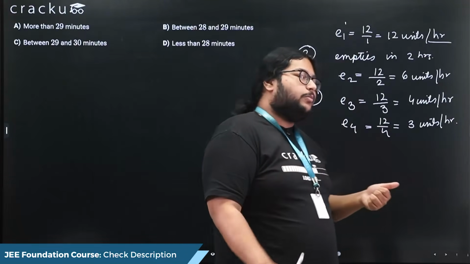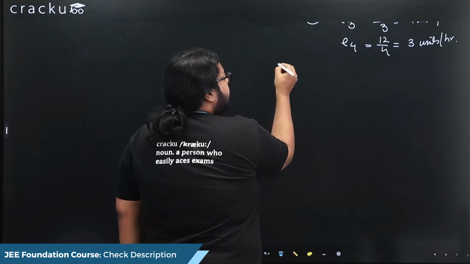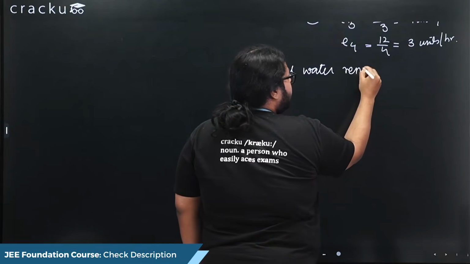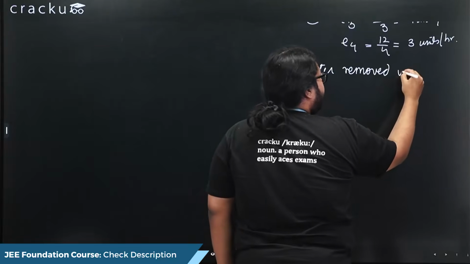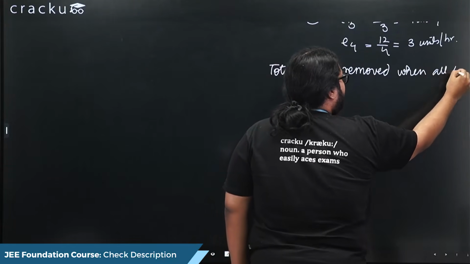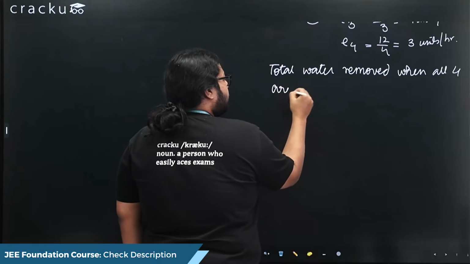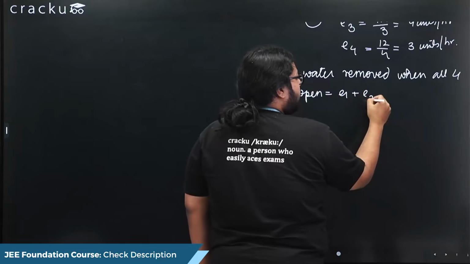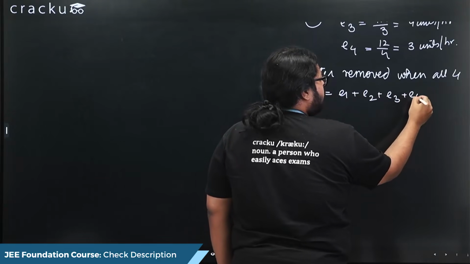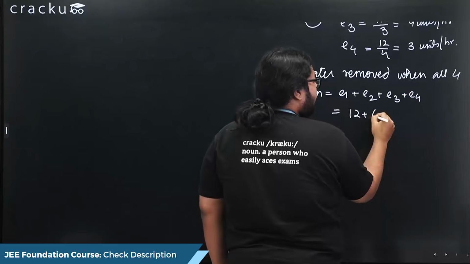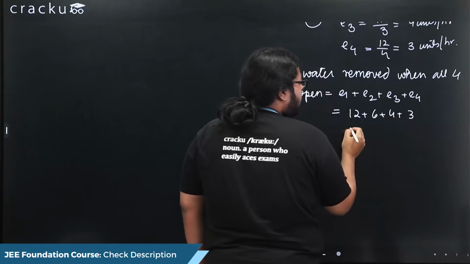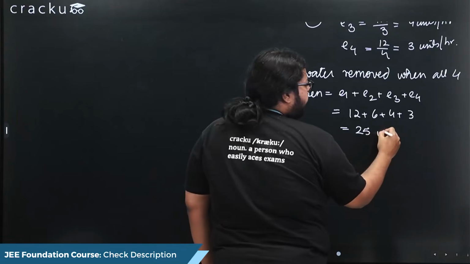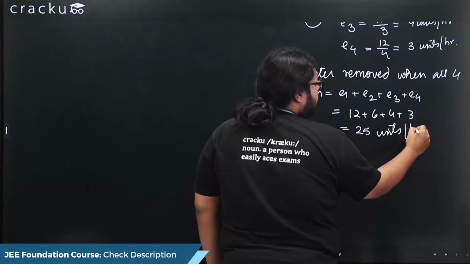If all the 4 taps are open, then total water removed is E1 plus E2 plus E3 plus E4, which is 12 plus 6 plus 4 plus 3, which is 25 units per hour.